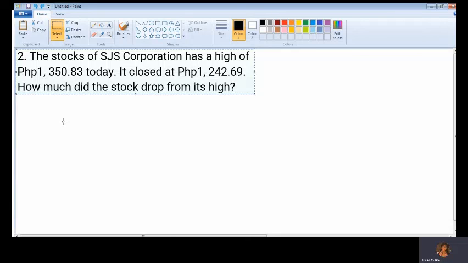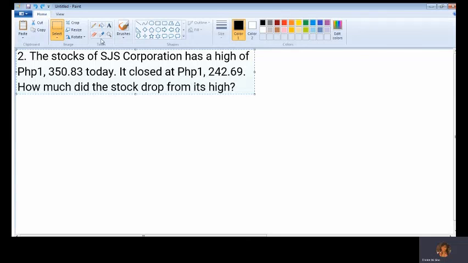Example number 2. The stock of SJA Corporation has a high of 1,350 and 83 cents today. It closed at 1,242.69. How much did the stock drop from its high? So, given the word drop, we're going to use subtraction.